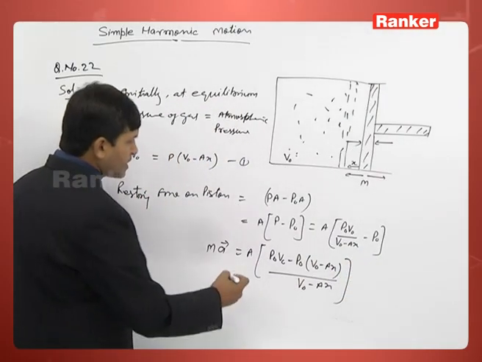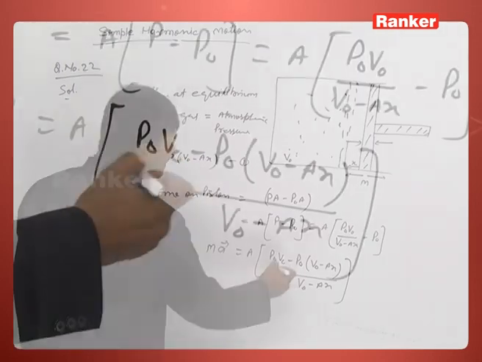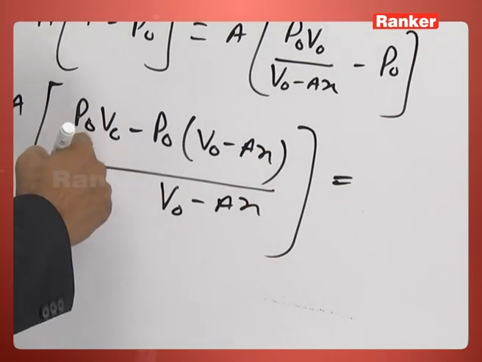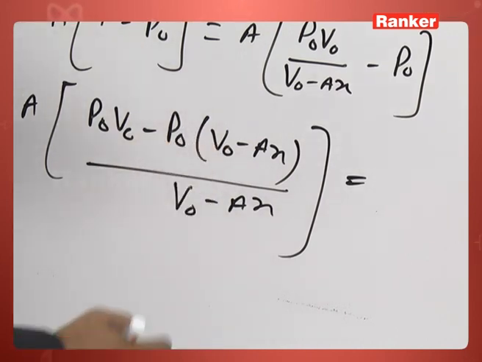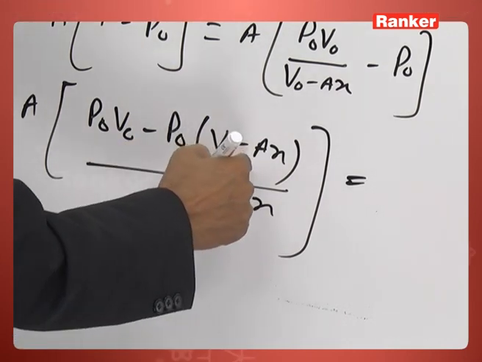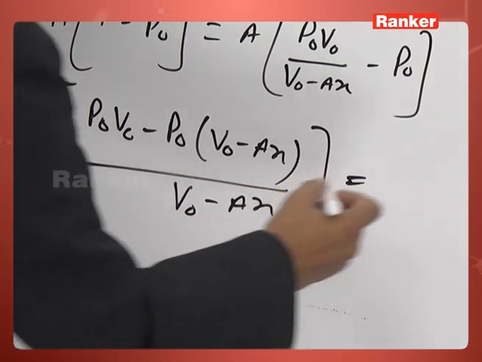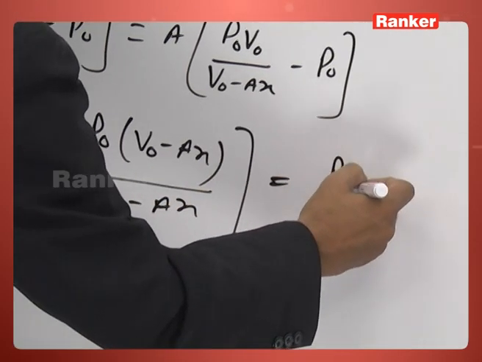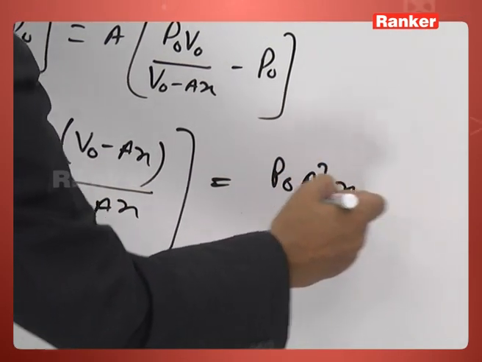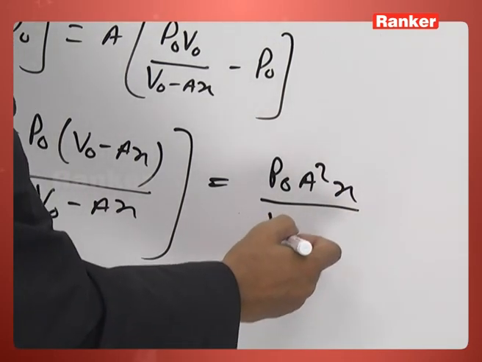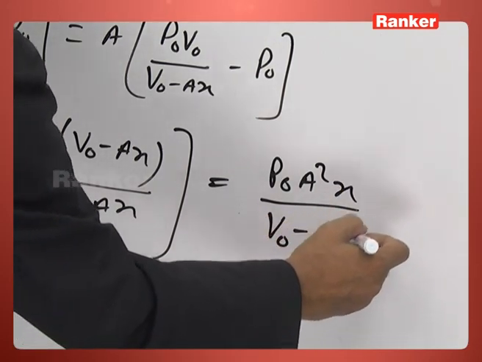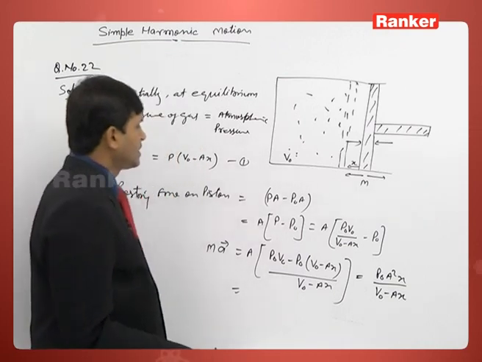Now when further simplifying this, the P naught V naught terms cancel. So here we will get P naught A square x by (V naught minus AX).